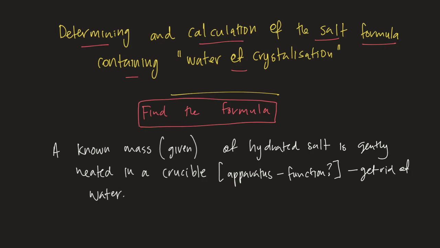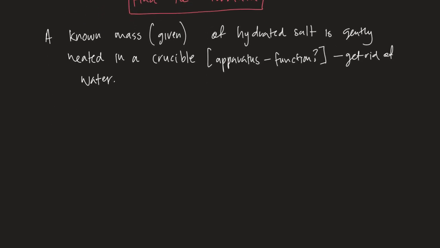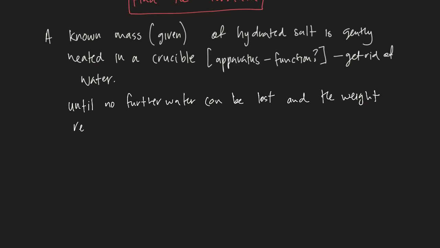Okay, now at some point it's going to be heated until no further water can be lost, and the weight that remains, or the weight remains constant, despite heating it more. That's how I know no matter how much I heat it, it's going to stay.